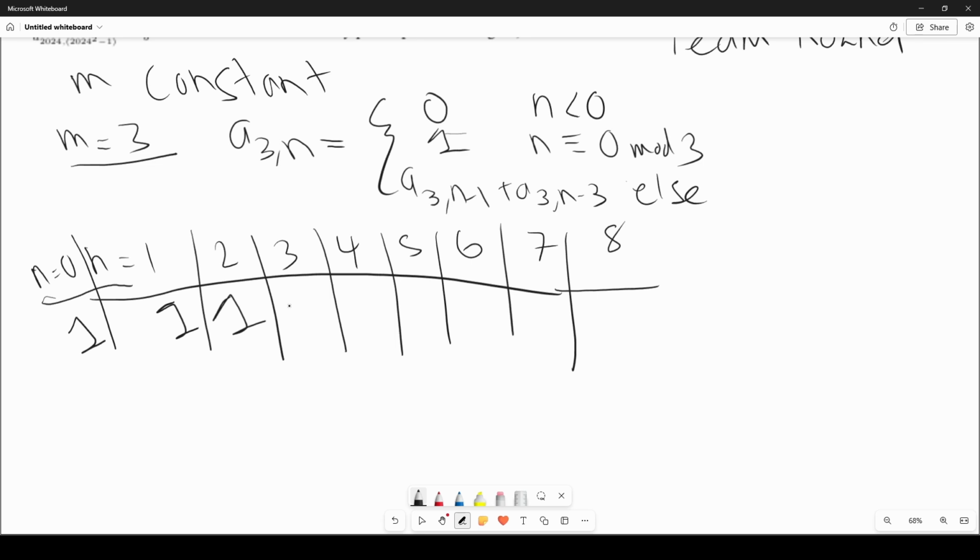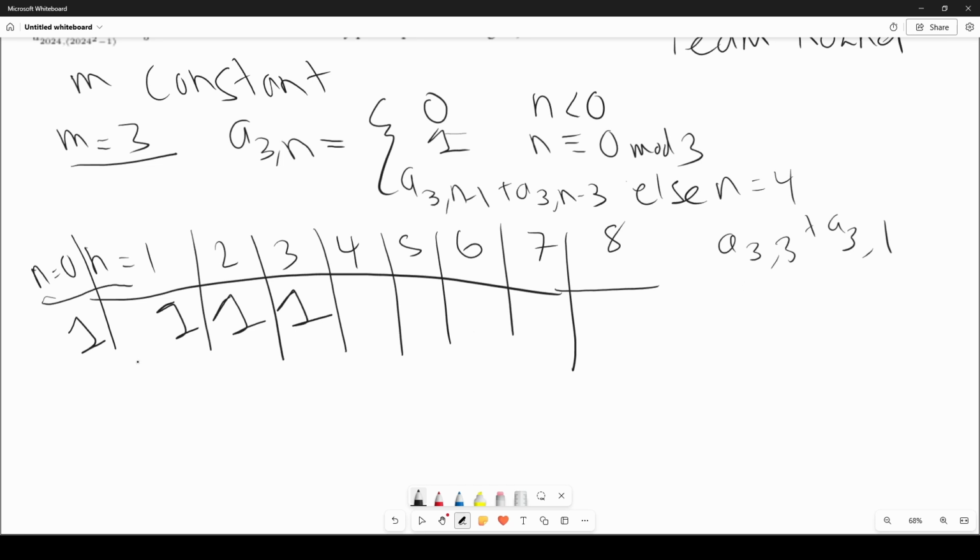Now back to n equals 3. 3 in this case is 0 mod 3, so that's easy, 1. Now this is where it gets interesting. If you choose n equals 4, that means you get a_{3,3} plus a_{3,1}, because 4 minus 3 is 1.